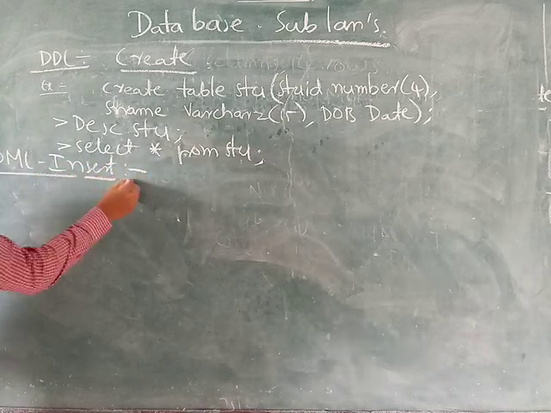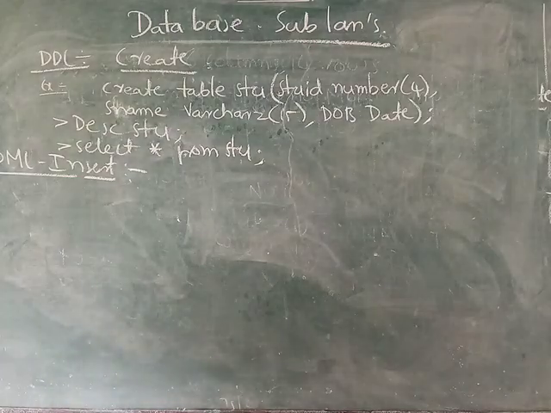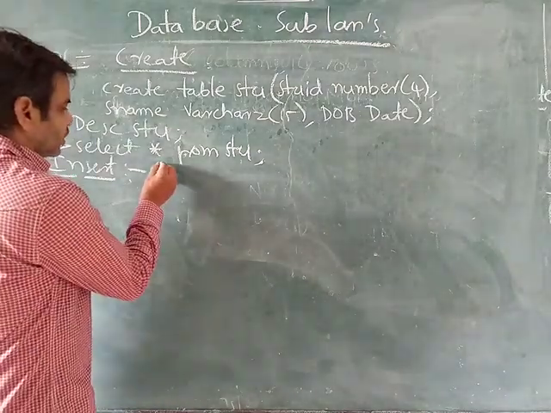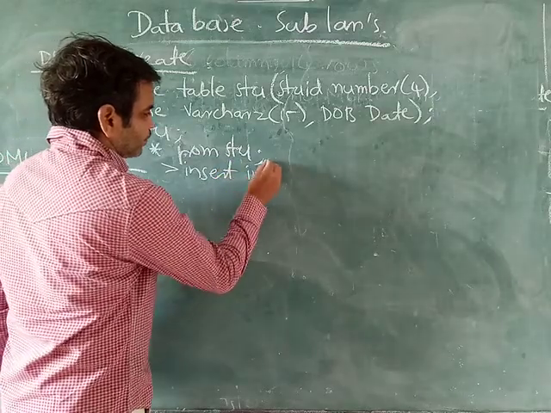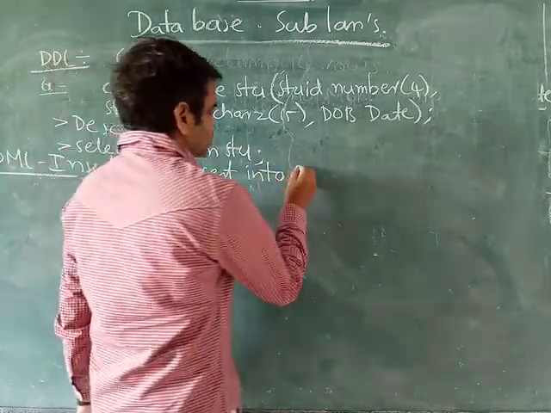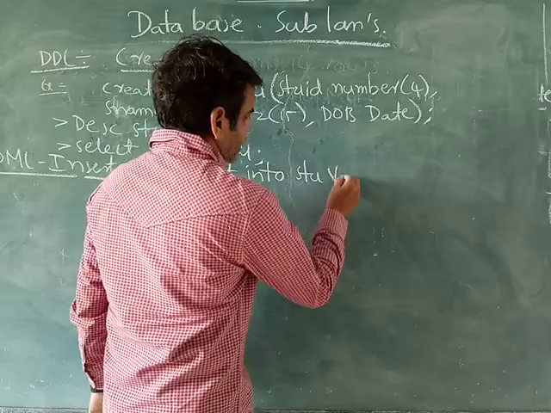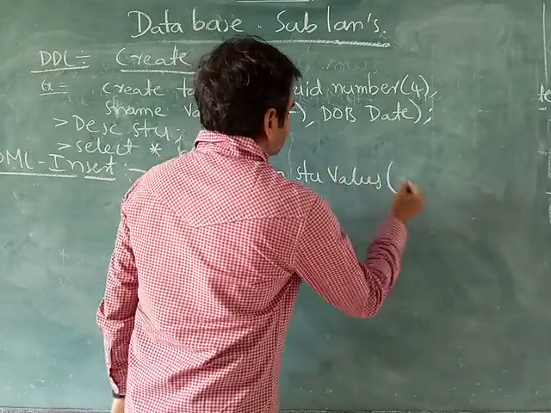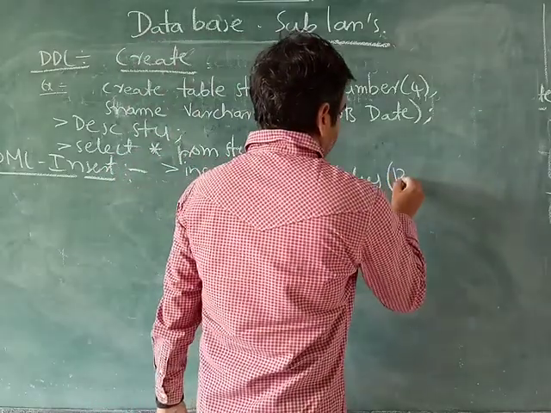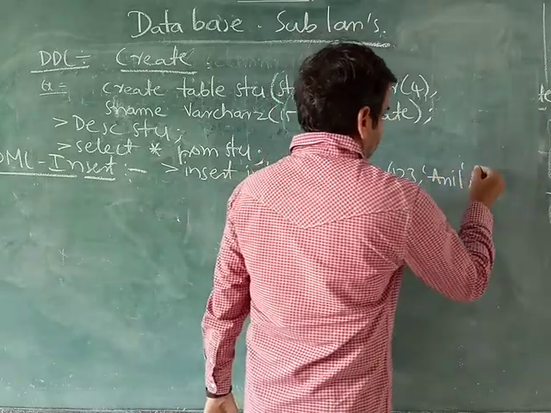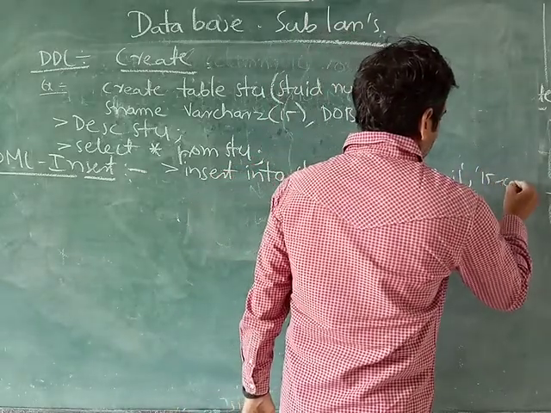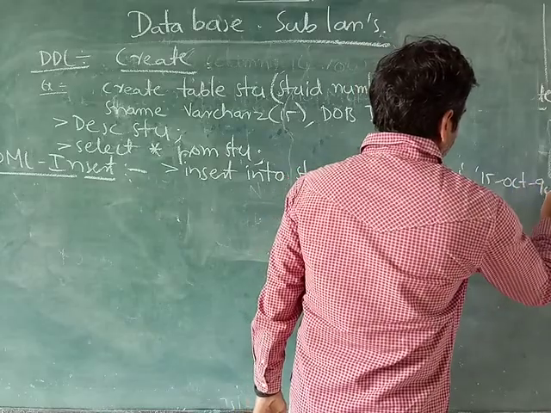With the help of the insert command we can insert values into a table. So insert into table name student values, student ID 1, 2, 3, student name Anil, date of birth 15th October 19.